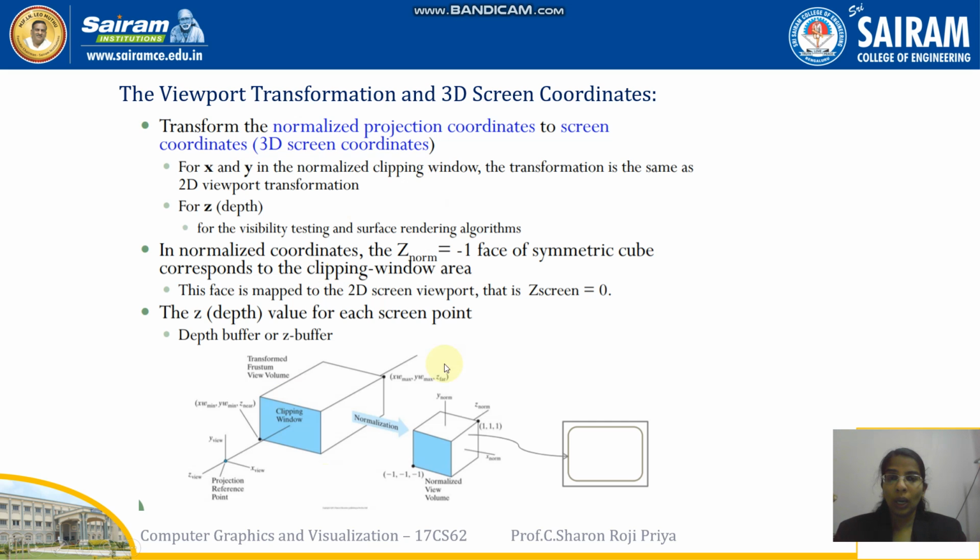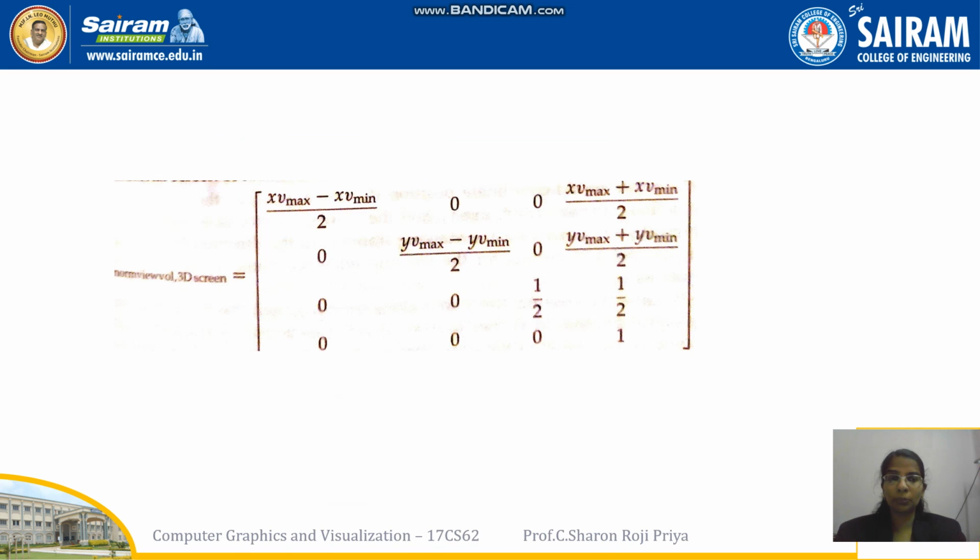So this face of the cube along the negative z axis will be mapped to the screen coordinates, and each screen coordinate will have an x and y value and the depth value. Since it is 3D, I cannot omit the depth value. That's what is called viewport transformation and 3D screen coordinates. I'll have the third value, the depth value, inside my depth buffer. So this is the corresponding matrix.